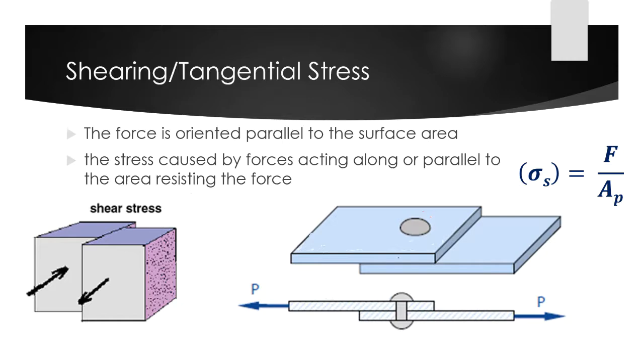As you can see, we have two plates attached to each other, and this is the bolt that is attaching them. If you pull the plates in opposite directions, it will create a stress within the bolt.